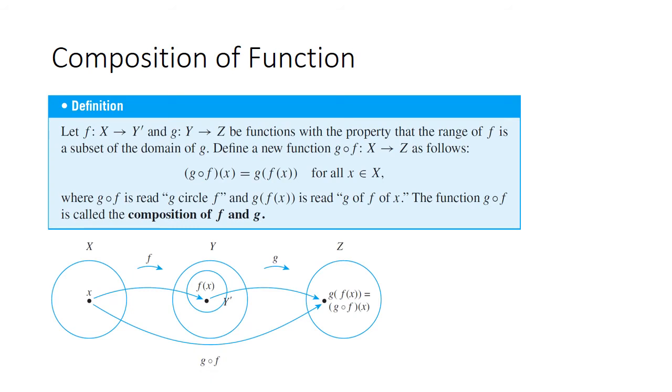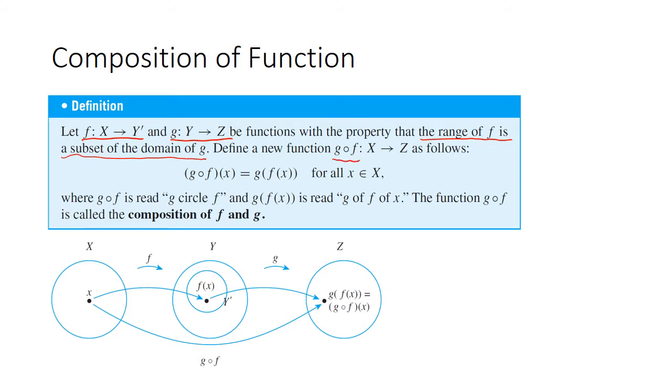Okay, so here is our definition for a function composition. Let's suppose that we have a function f from x to y prime, and then we have another function g from y to z. And let those have the property that the range of f is a subset of the domain of g. You do need that property in order to compose f and g. Then we can define a new function, g composed with f.